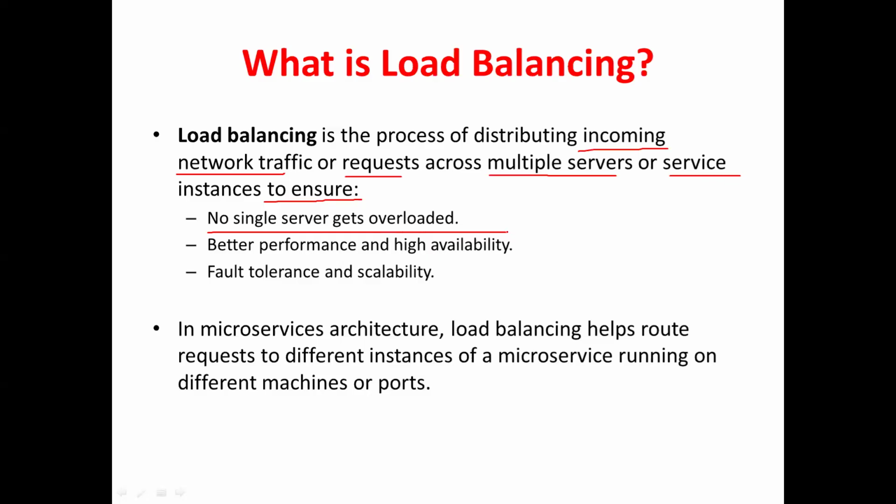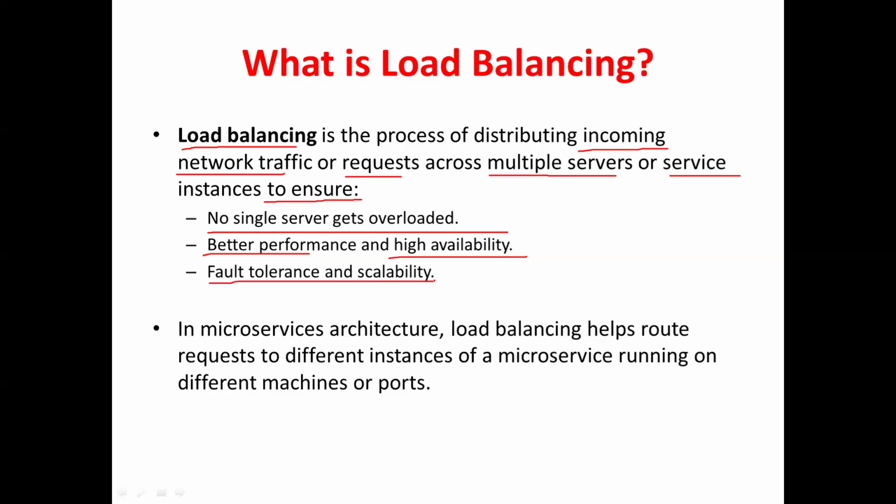To maintain this, you need to run multiple instances of your application, but your request reaches an instance through a load balancer. It gives better performance, high availability, fault tolerance, and scalability. You can increase your application instances and do load balancing as well.